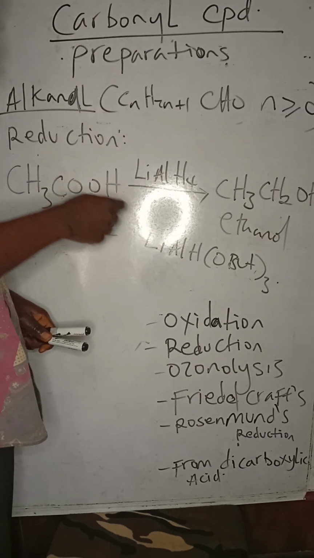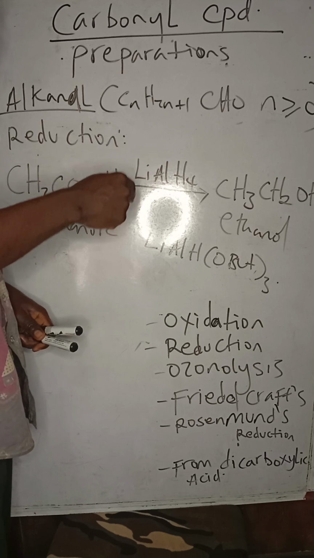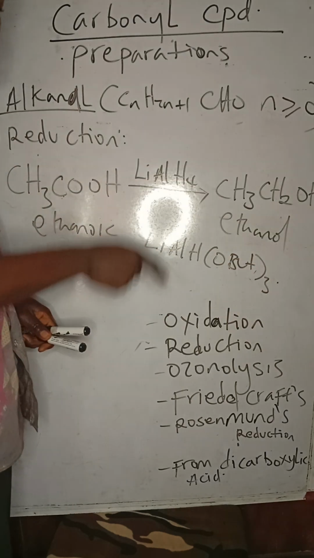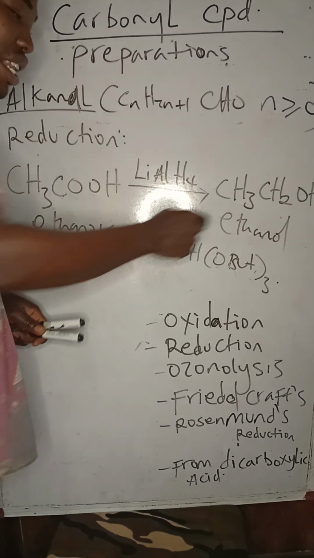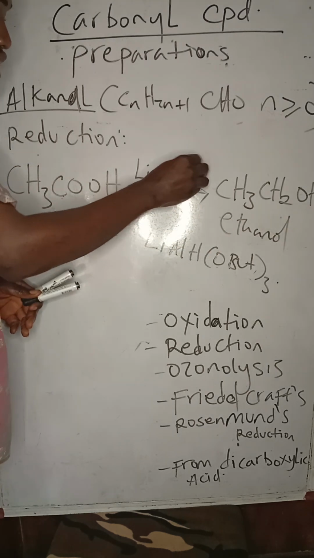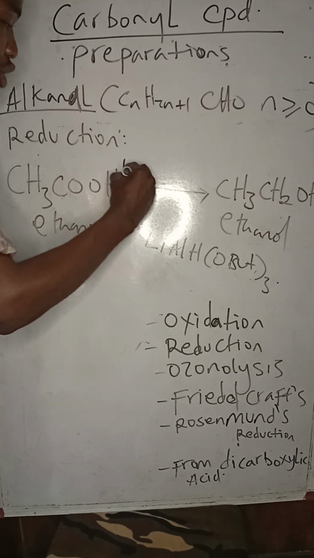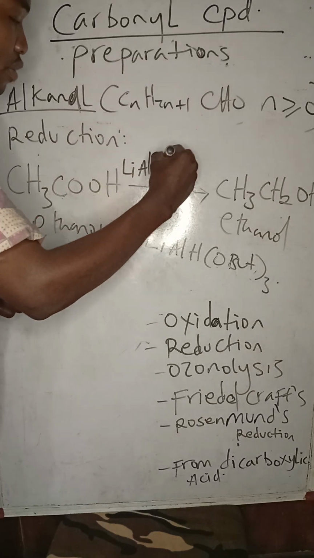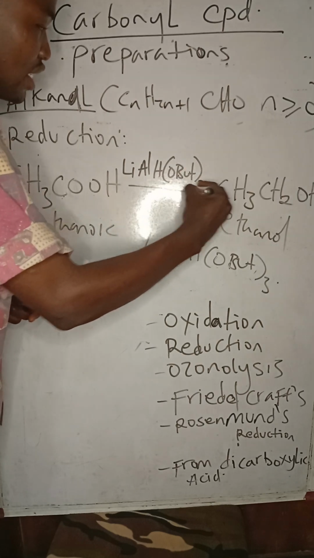If LiAlH4 was to reduce ethanoic acid, we get ethanol. So instead of using this stronger one, I can use LiAlH(OBut)3.